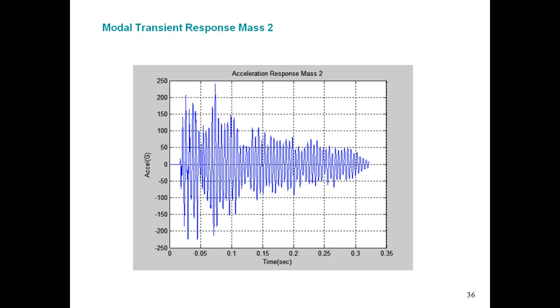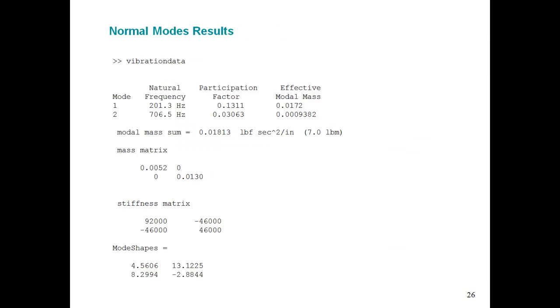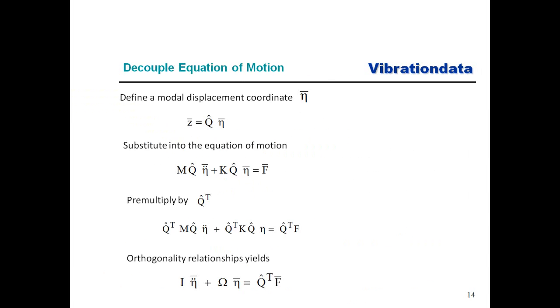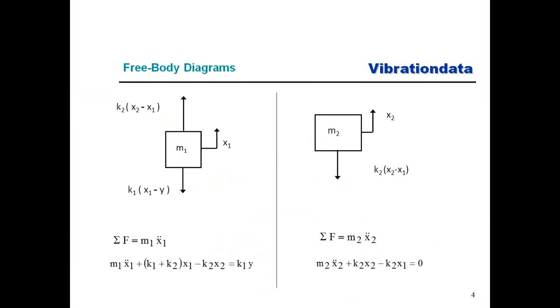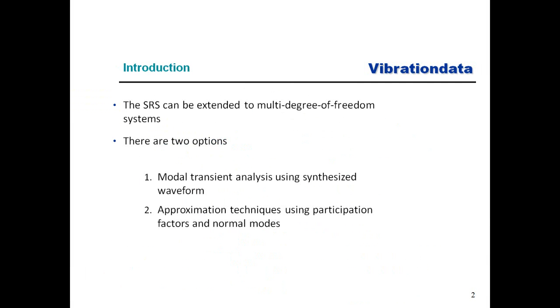So just to summarize, let me go back to the very first slide we took a look at when we did part 1, or actually the second slide. We do have 2 options, and I really like the modal transient analysis because it's fun to do numerical experiments. One of the drawbacks, though, is say you have a finite element model with 10,000 degrees of freedom or 100,000 degrees of freedom.